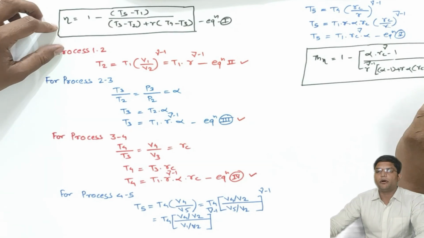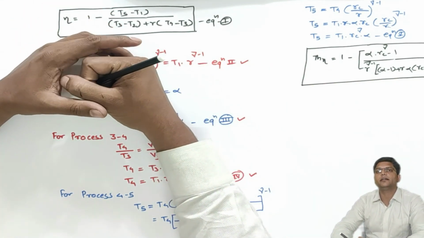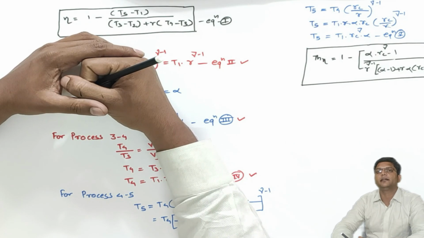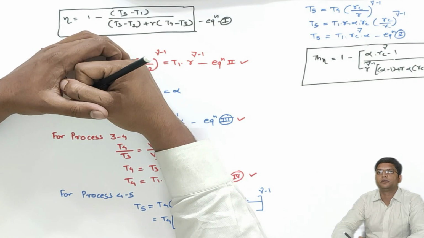Now we know for the same compression ratio, the thermal efficiency of the Otto cycle is more than that of the diesel cycle, but we know that the compression ratio for a diesel engine has a range which is more than the petrol engine. So there is a difference between the compression ratio of a petrol engine and a diesel engine.